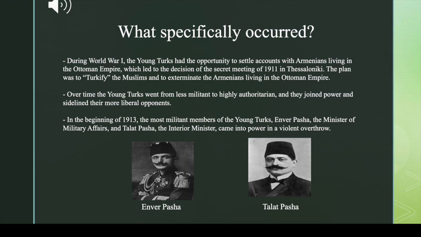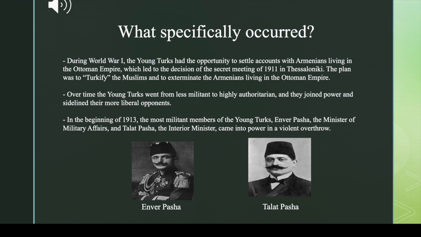And so the Young Turks had a secret meeting right before World War I in 1911, and their plan was to Turkify the Muslims and to exterminate the Armenians living in the Ottoman Empire. So basically, if you know anything about the Holocaust, it's a little bit similar. They just kind of wanted to have their people look the same and be unique.